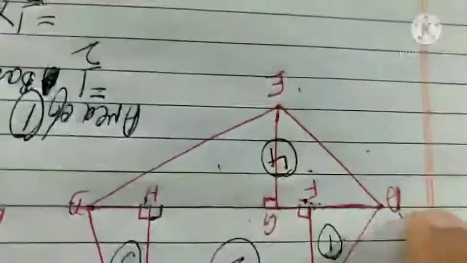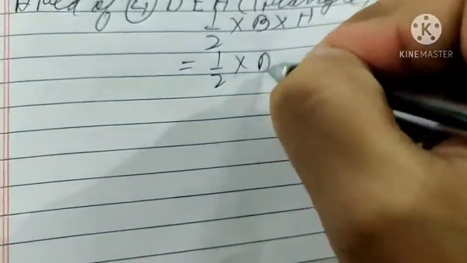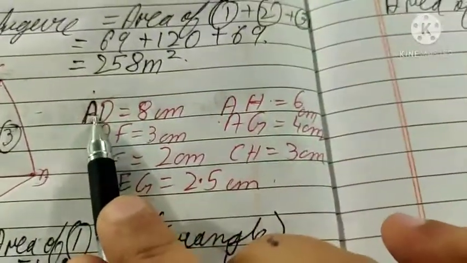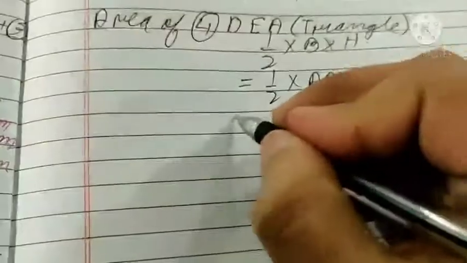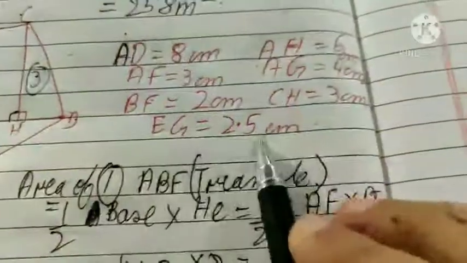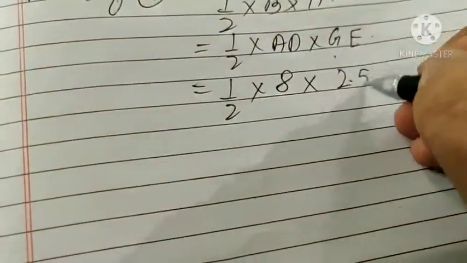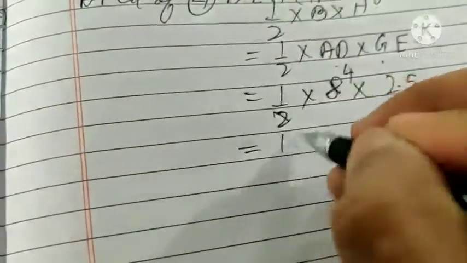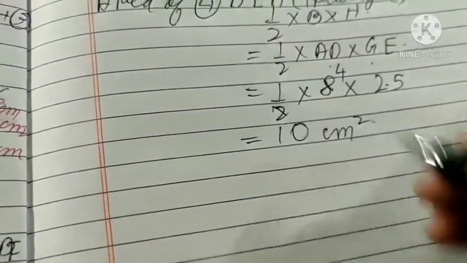Base is AD, height is GE. Okay, so AD here is 8, GE 2.5. 4 into 2.5, it is 10 centimeter square.